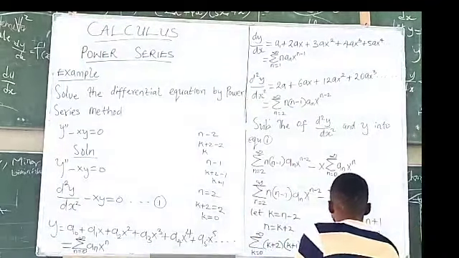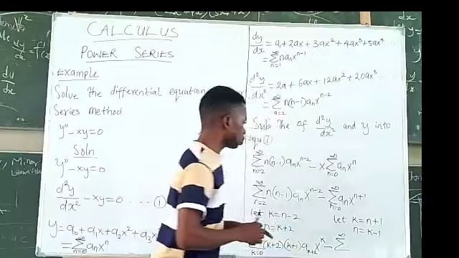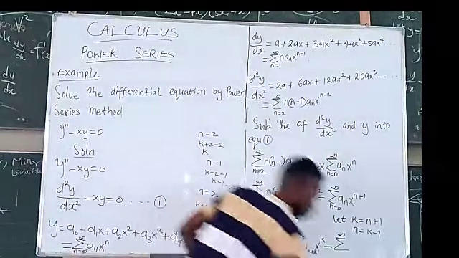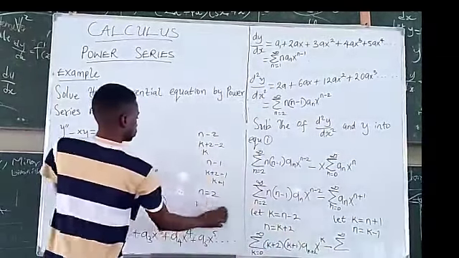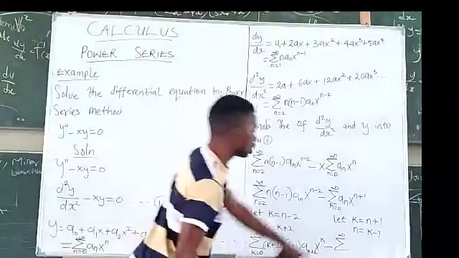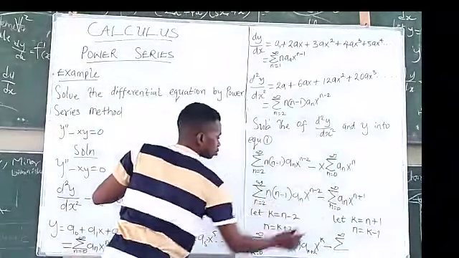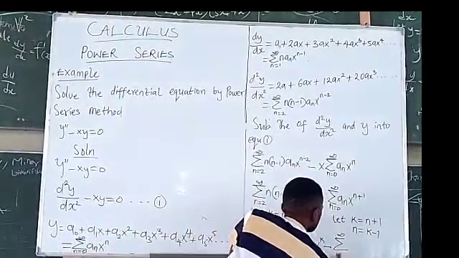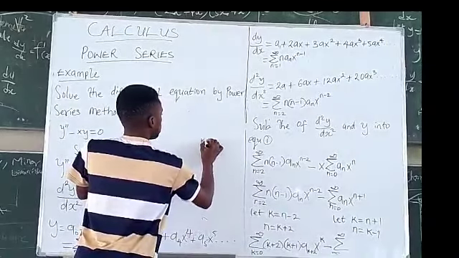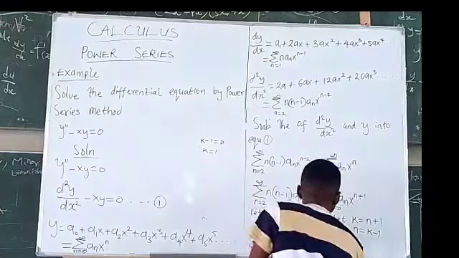Then for this part, we get our summation to infinity. We say that for this part our n is k minus 1. Therefore, for this part our n will become k minus 1, that is k minus 1 equal to 0. Our k becomes 1.